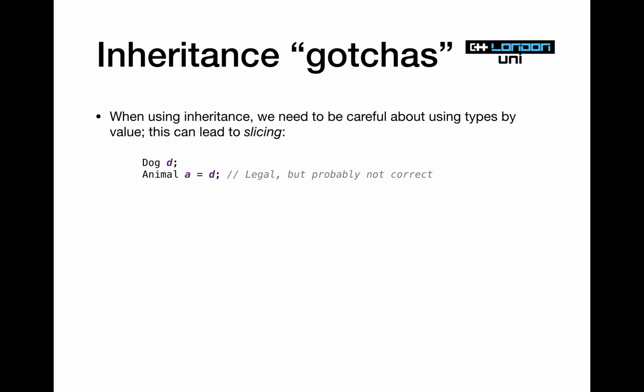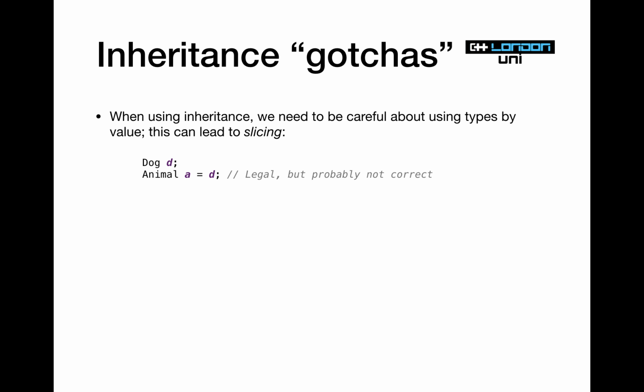Yep, so what's happening here is that this is calling the copy constructor of an animal. A copy constructor, if we remember, takes a reference to another animal. And as we've said, we can pass a dog where we expect an animal reference. So this is a perfectly legal invocation of the copy constructor.